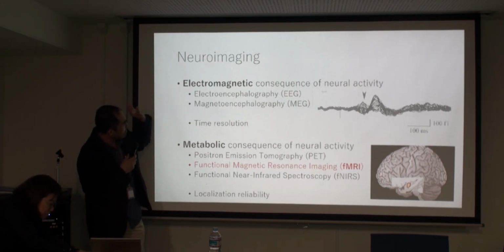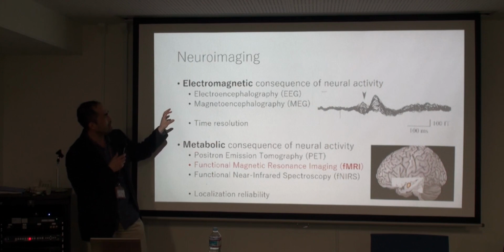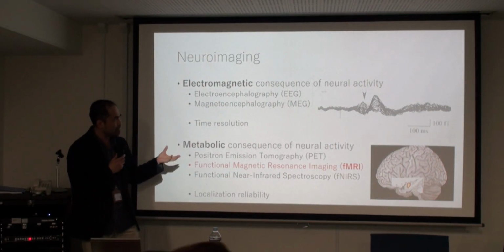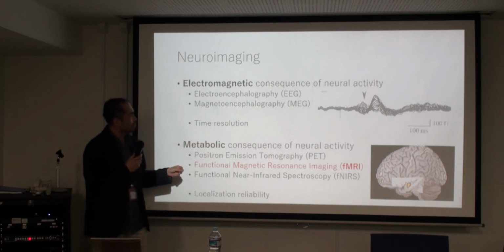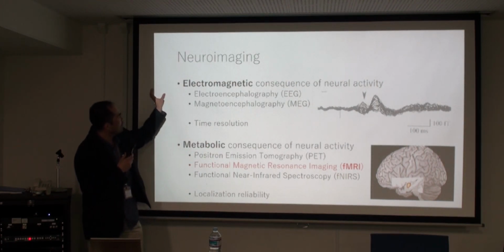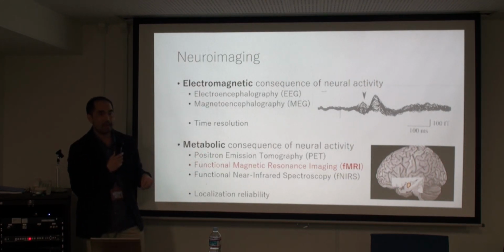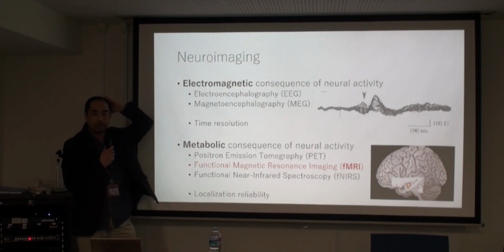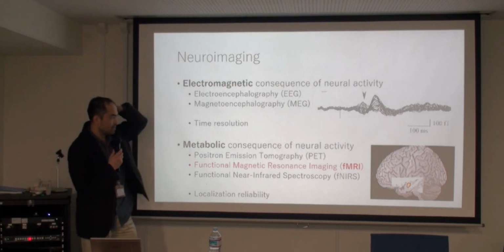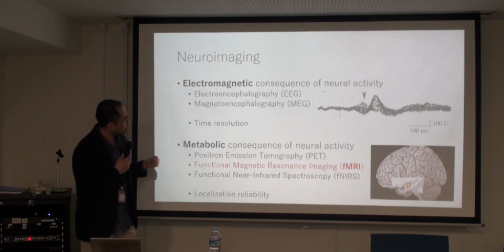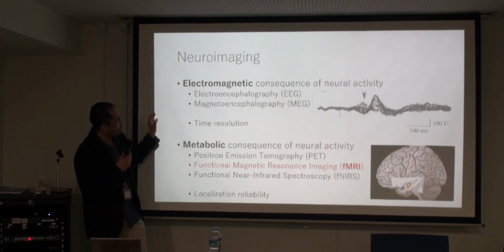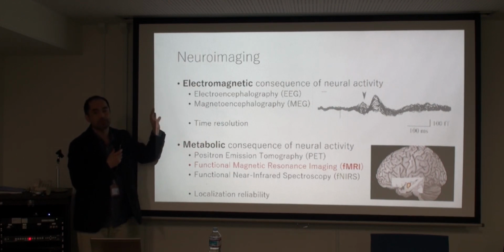One is measuring the electromagnetic consequence of neural activity. Neural activity has many aspects, but they produce some electromagnetic change around the neuron or neural network, and it can be measured also from the surface of the head. That includes electroencephalography and magnetoencephalography, and it has very high time resolution.